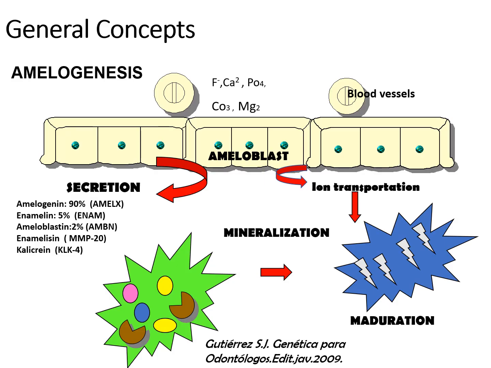The process by which the formation of enamel, called amelogenesis, takes place is observed in this scheme, which shows 3 of the main phases in which it occurs.